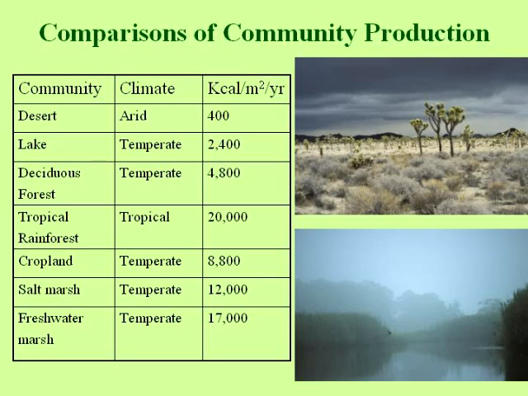On the other hand, if we look at some temperate systems, like temperate seasonal forest, you see an order of magnitude greater productivity in those systems. Although when you compare temperate forests to tropical forests, there's again a huge jump.